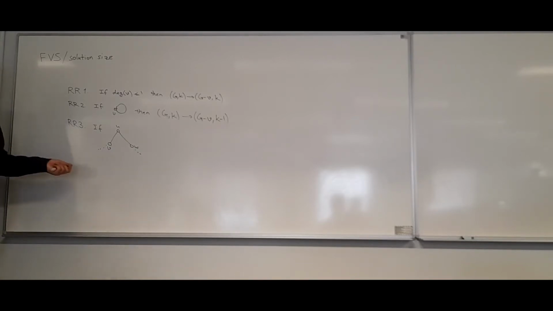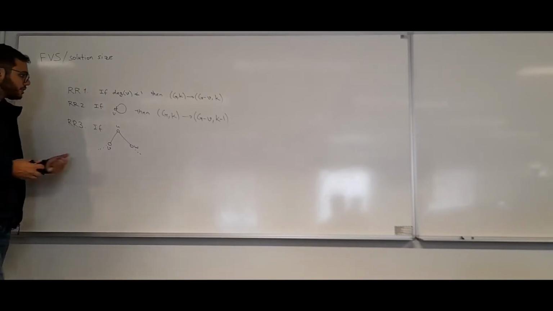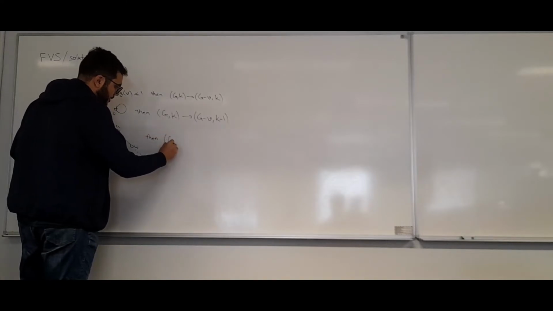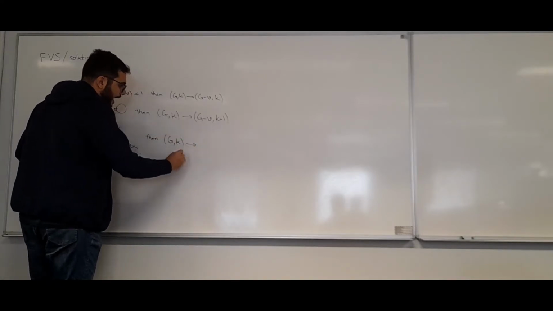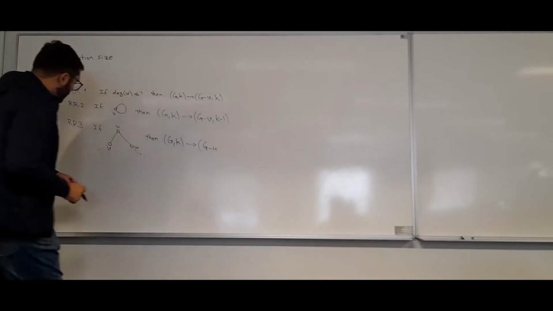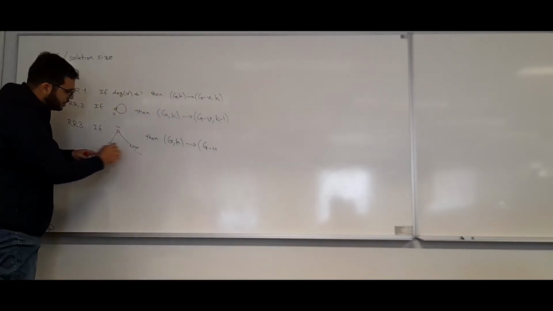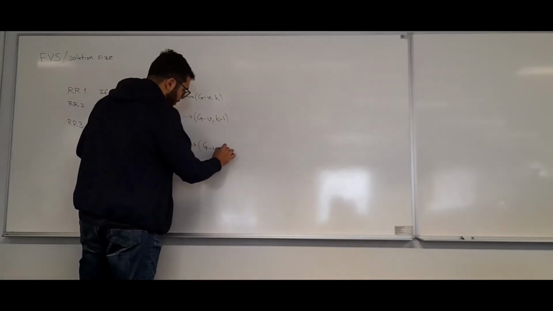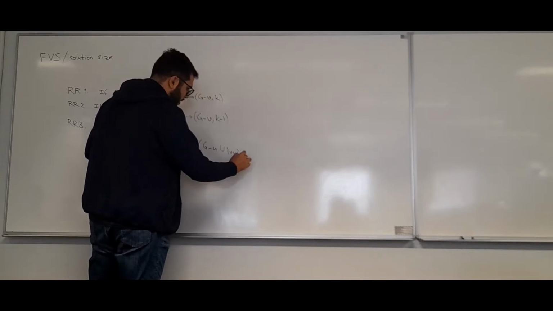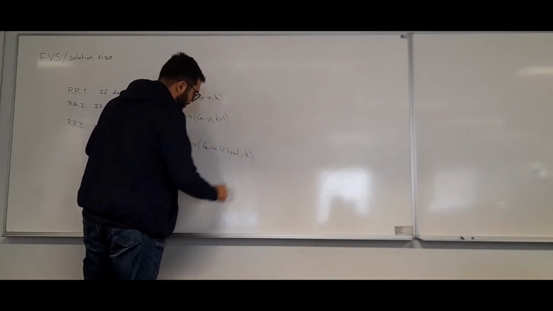I can always put either V or W in the solution instead. So I take my instance (G, K) and turn it into (G minus U, union with the edge VW), and my K remains the same.